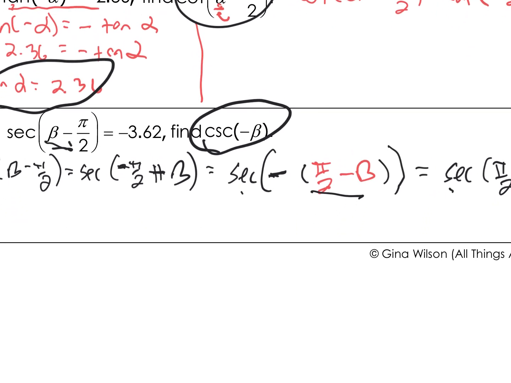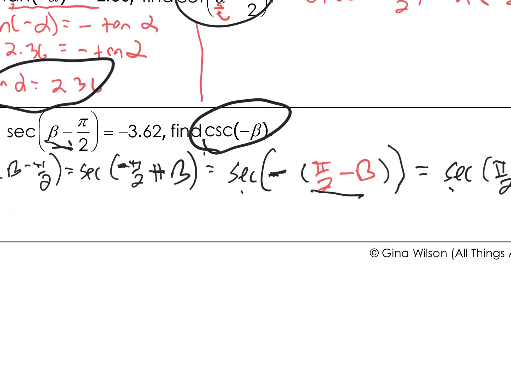So let me write that out. Cosecant of a negative beta is equal to a negative, it's related to sine, so it's negative cosecant of beta.